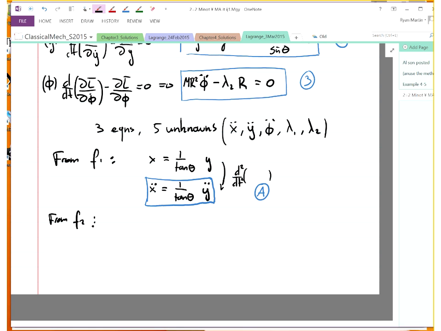And then from F2, we can do something very similar. From F2, we know that 1 over sine theta y is equal to r phi.